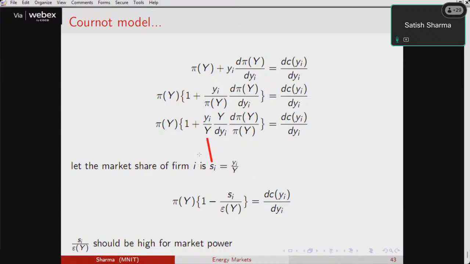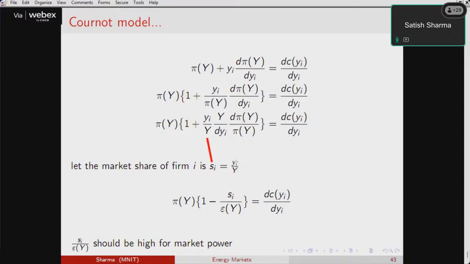So let's say there are 10 suppliers, each producing 10 megawatts. The total production is 100 megawatts, and the market share will be 10 by 100, so 10%.